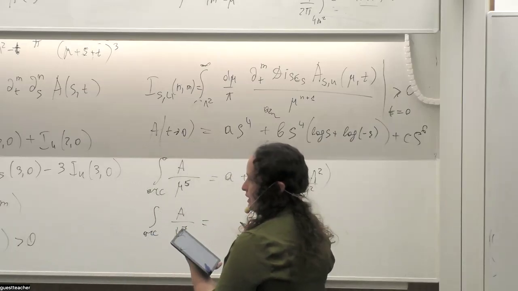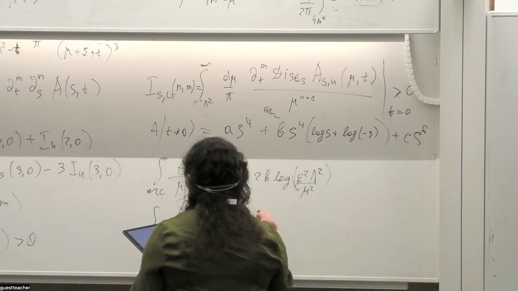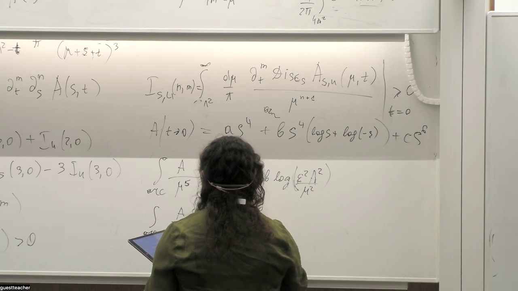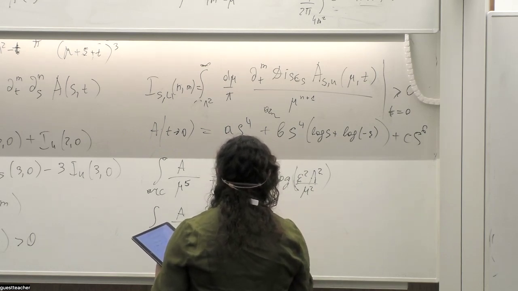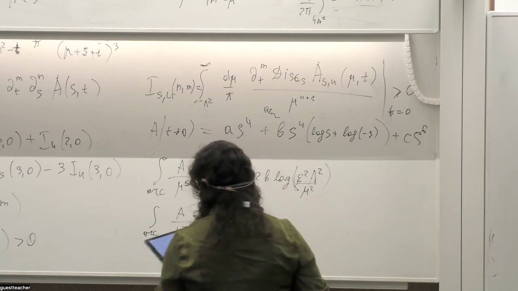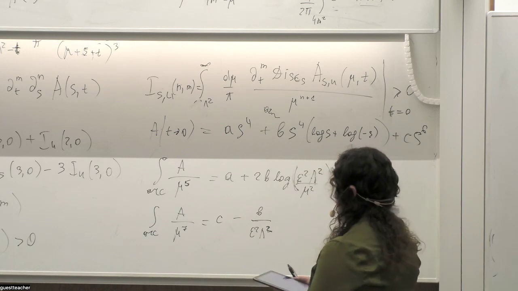If you do this computation, this arc will give you C minus B over s squared, B over epsilon squared lambda squared. That's a result of the arc integral computation precisely.